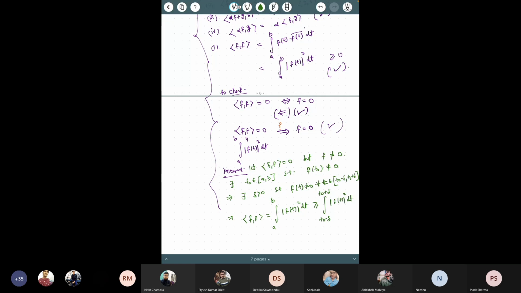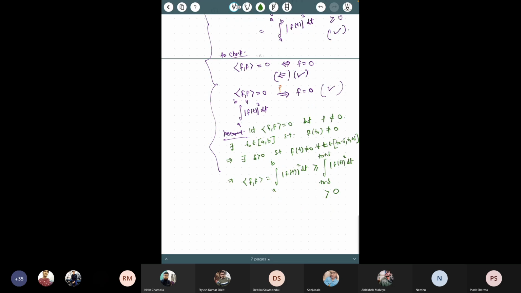But since f(t) is non-zero in this interval, the value of this integral is greater than 0. But then this is a contradiction, since the product of f with itself is 0.